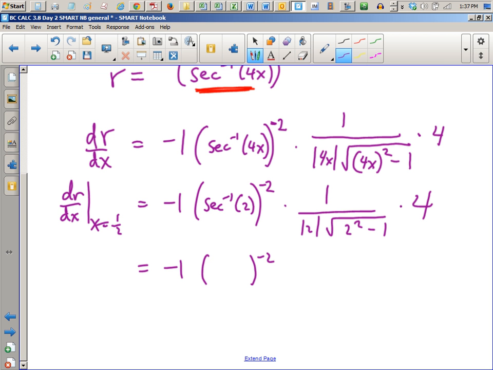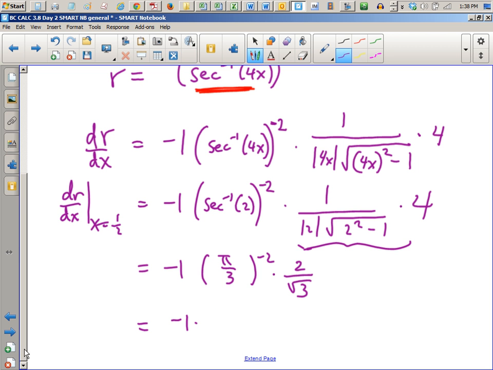Some of this stuff is pretty easy, like this whole batch right here just becomes 2 over rad 3. So that part's not too hard. What is this arc secant 2 business? Can you think of an angle where the secant is 2? It's the same question as what angle has a cosine of a half. So this would be pi over 3. It needs to be flipped and squared, which makes it 9 over pi squared.